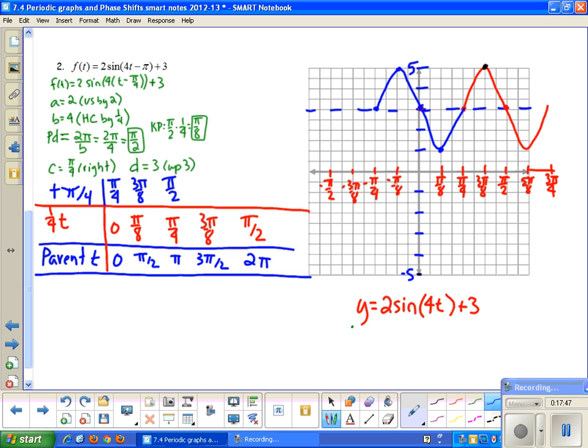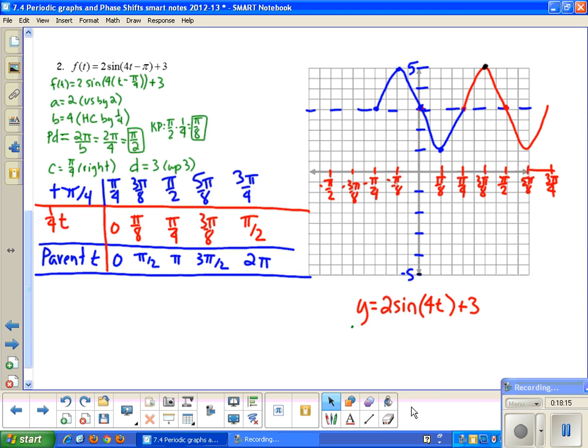And then pi over 4 plus 3 pi over 8, again, you need a common denominator, so that would become 2 pi over 8 plus 3 pi over 8, which gives us 5 pi over 8. And then for the next one, same thing, pi over 4 plus pi over 2 would need a common denominator, so this would be 2 pi over 4 plus 2 pi over 4, which gives me 3 pi over 4. And so that's where my graph has moved to.